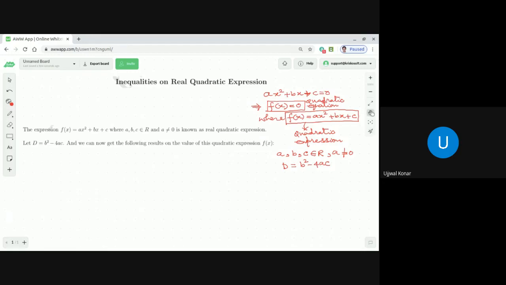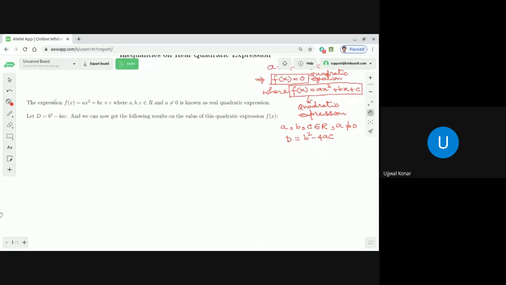The first case we are going to discuss is a greater than 0 and D less than 0. As I said, dear students, a and D play a major role here. a could be either greater than 0 or less than 0. When a is greater than 0, there are three cases possible.